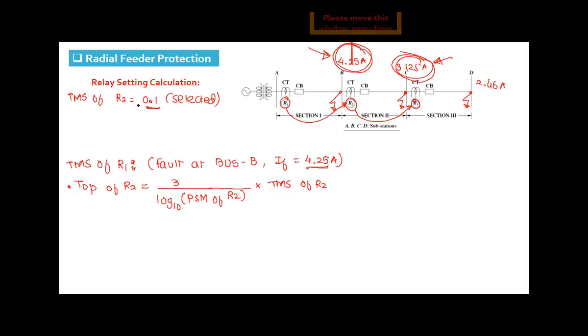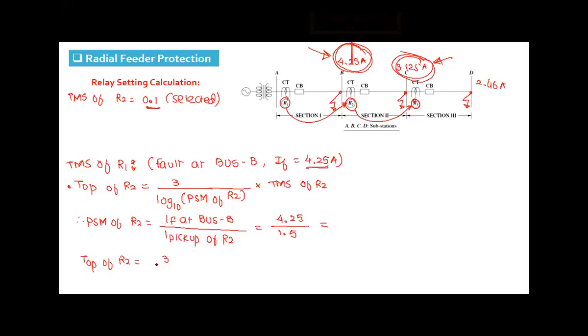TMS of R2 we have already set. Okay. What is this? (4.25 by 5) by 1.5, 2.833. TMS of R2 is 0.1.